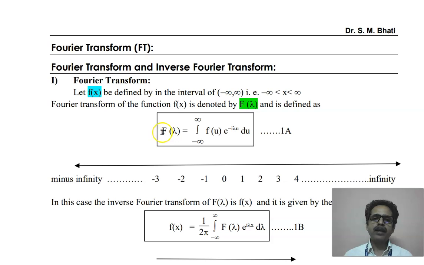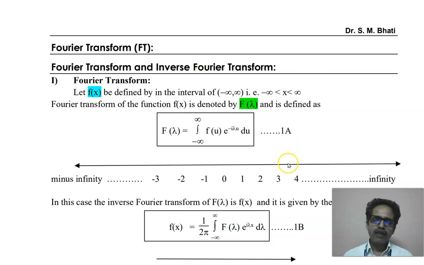You can see that this equation 1a gives you value of capital F lambda, that is a Fourier transform of the function small f of x, and equation 1b will give you value of function f of x in terms of certain integral.